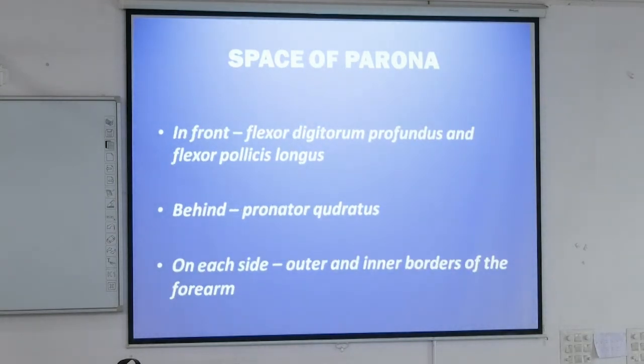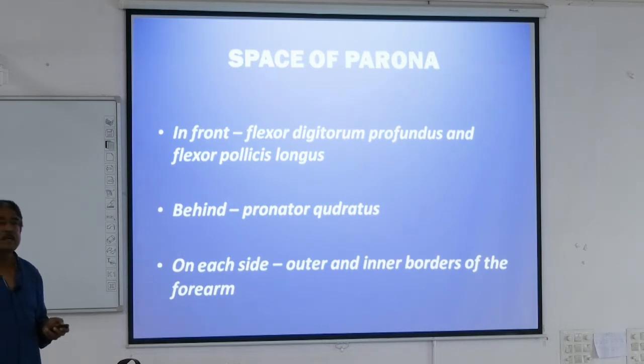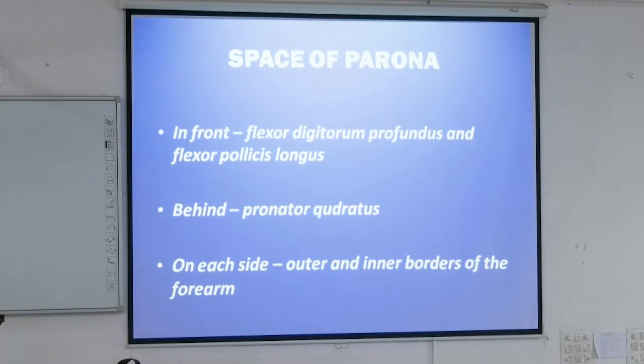In front, the flexor digitorum profundus and flexor pollicis longus. Behind, pronator quadratus. On each side, outer and inner borders of the forearm. Now this question will be around 8 marks or 12 marks. A long question can be there. Or if you see these spaces, it can be asked as a short note of 4 marks.